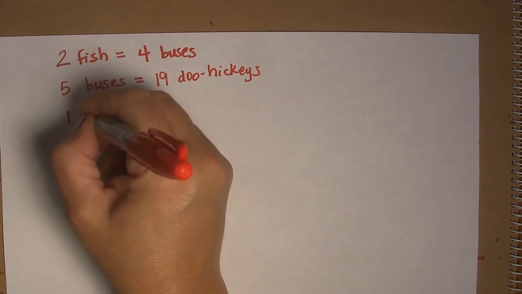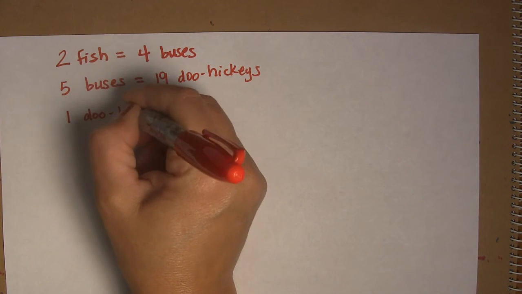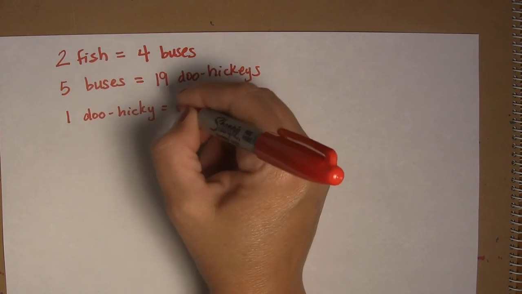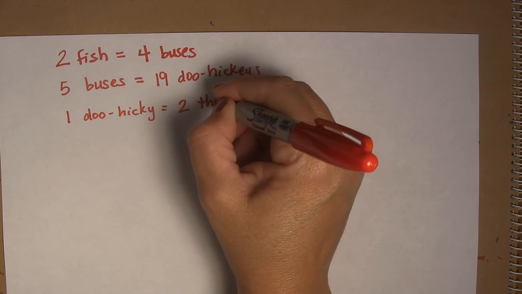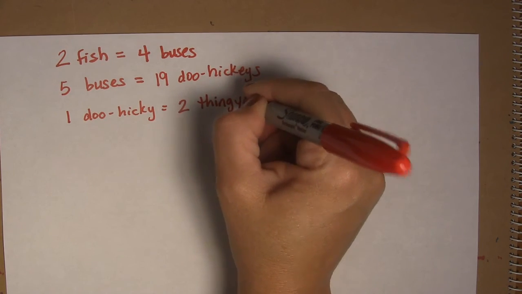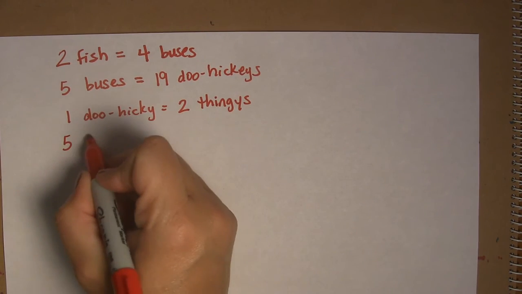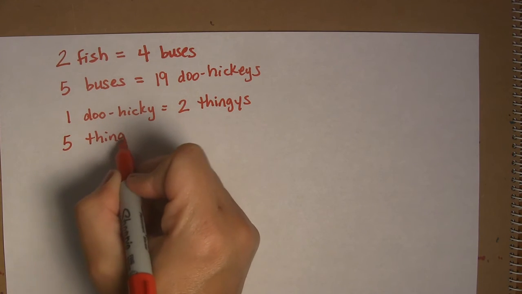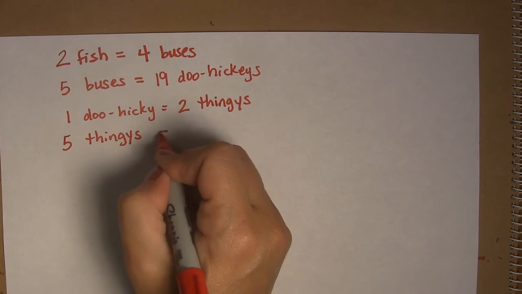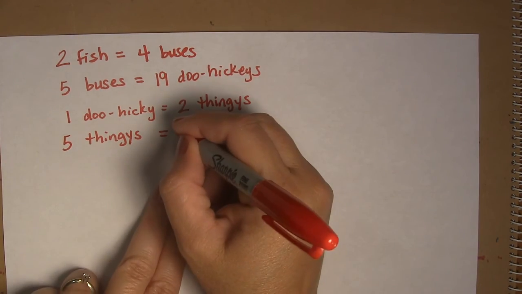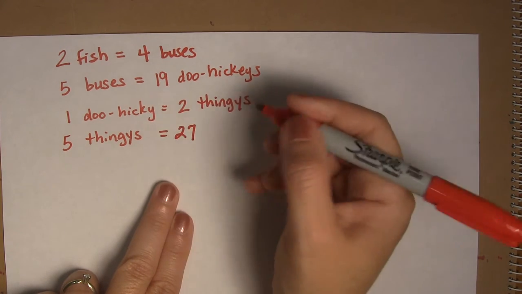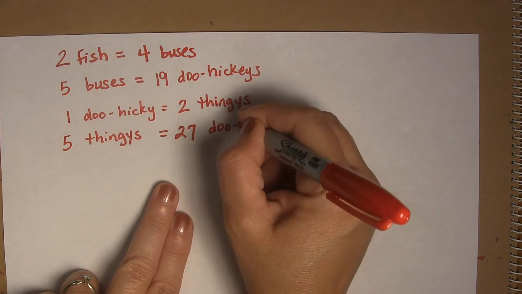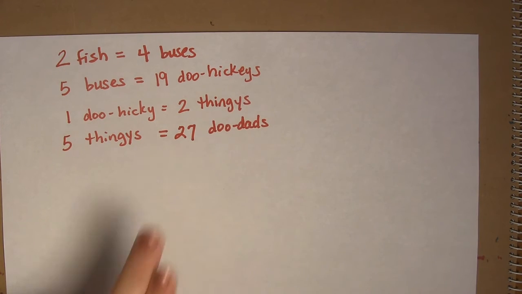And I know that 1 doohickey equals 2 thingies. And I know that 5 thingies equals 27 doodads. There we go.